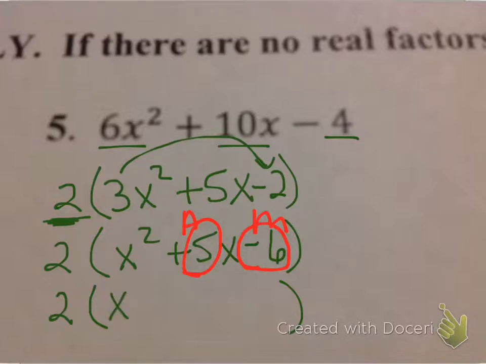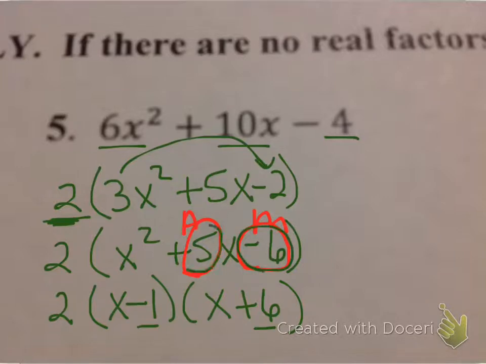So I have to say x minus 1 and x plus 6, because negative 1 times positive 6 does give me negative 6, and negative 1 plus 6 gives me positive 5. If you try to use 2 and 3 for this, it won't work because they would have to both be positive, which would not give you negative 6.